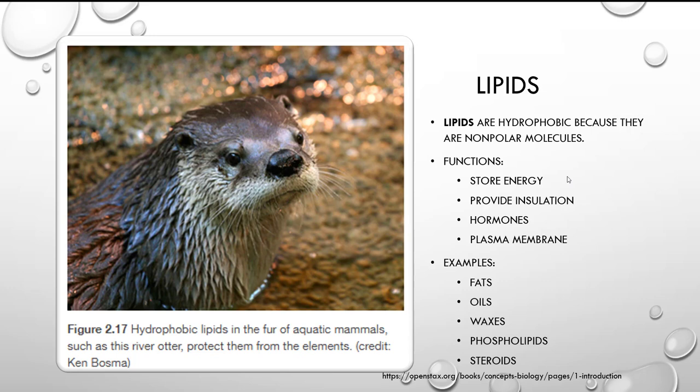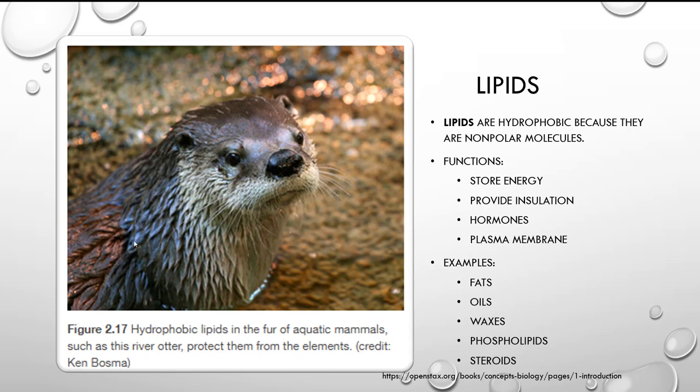Of course those fats, so think the fatty acids, which make up the tails of our plasma membranes. Oils, so when you're cooking, you have vegetable oils. Those, of course, are made of lipids. Waxes, think of what's on the fur of our river otter that keeps the river otter warm.